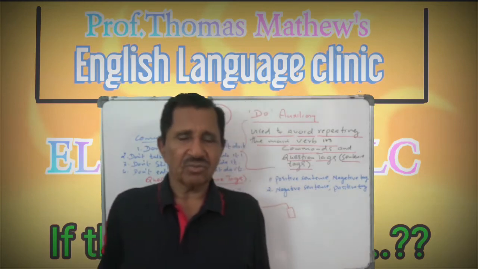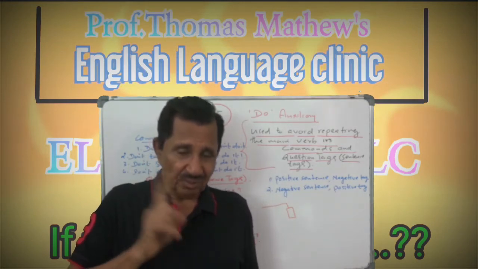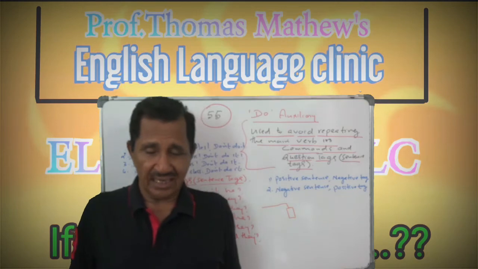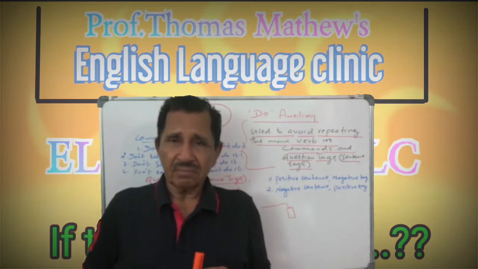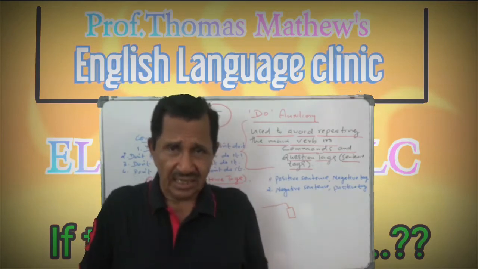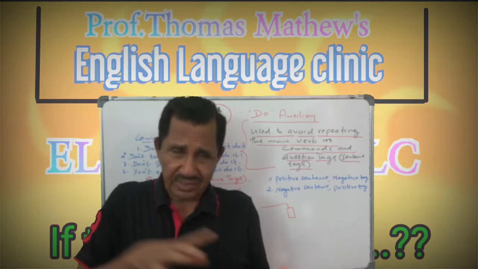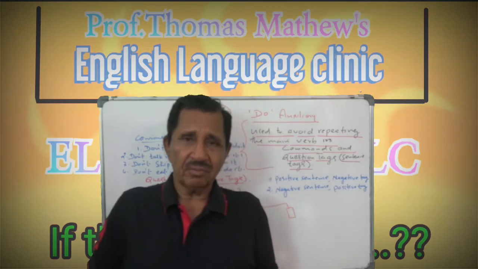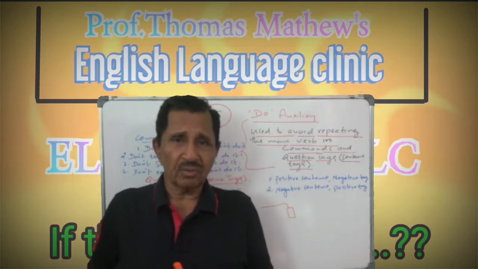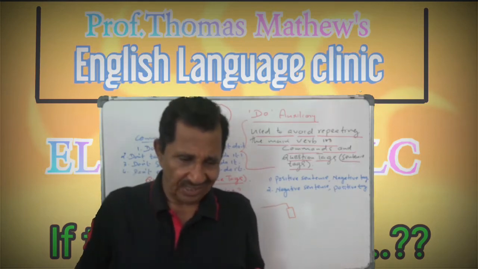Laila likes mangoes, doesn't she? Not doesn't Laila. Don't repeat Laila. The subject as such is not repeated. If it is anything other than a pronoun, if it is a plural noun or singular noun, you have to use the appropriate pronoun for that.